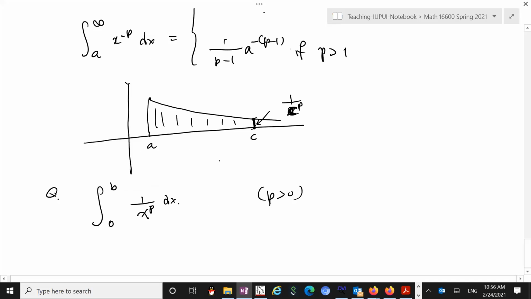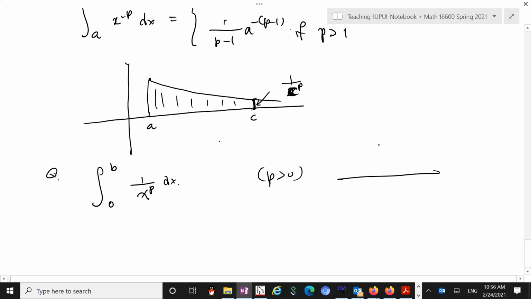Only when p is positive does the graph look like that. It's going to infinity, and here's b. So this is an improper integral, since the function is not defined at the origin, and we want to determine the p such that this is finite.